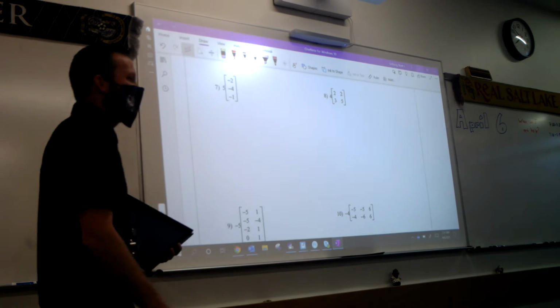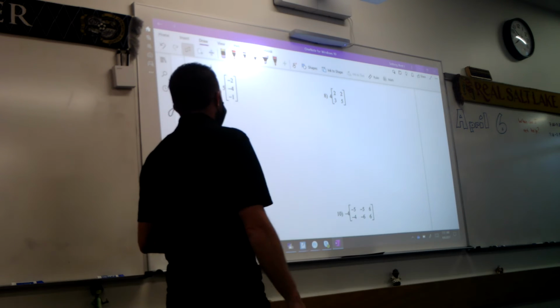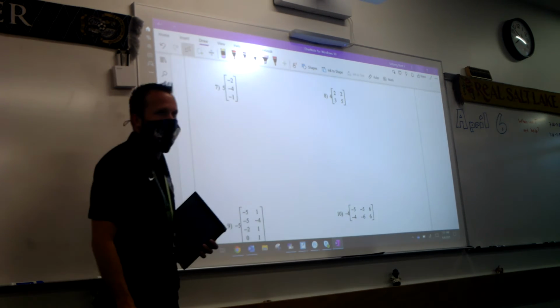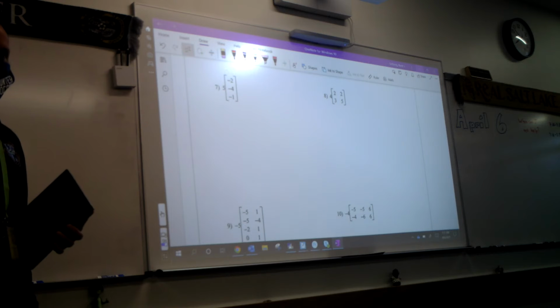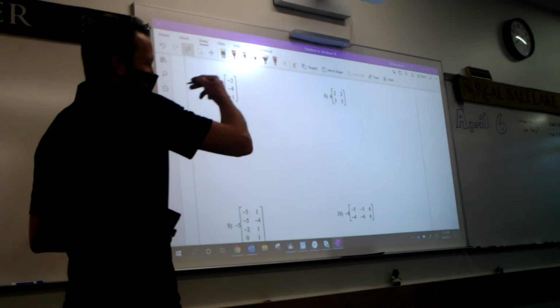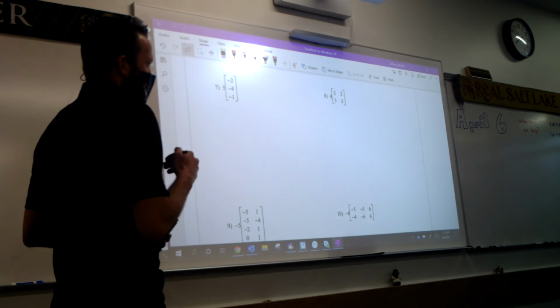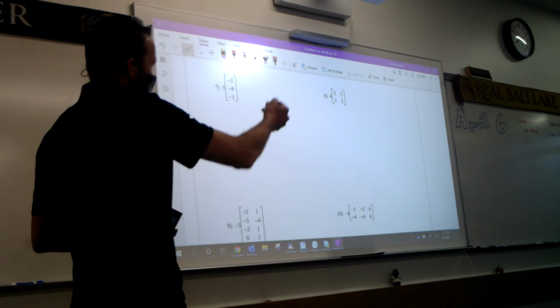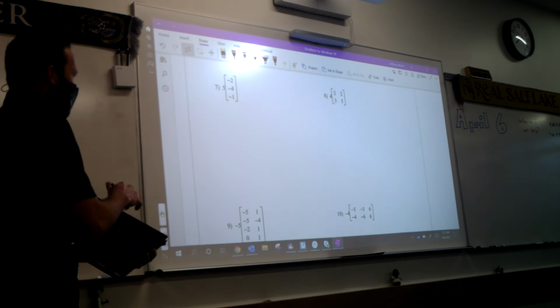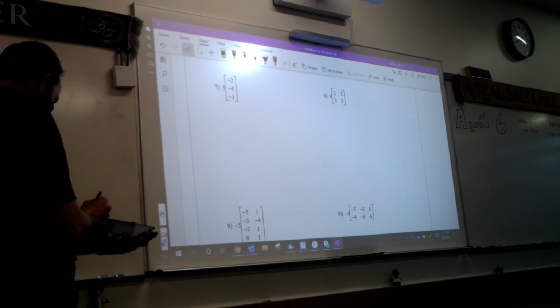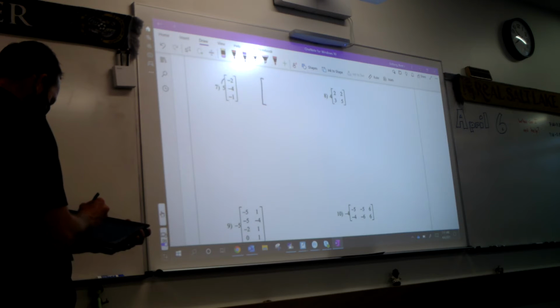So starting with 7. Do you see how on number 7 we have this 5 just hanging out? What is that 5 doing to the matrix? It's multiplying, right? So I need to distribute the 5. We're used to distributing like polynomials, and we'll show it kind of like the lines that we're multiplying to all of those. We're doing the same thing here, but I'm not really going to draw the lines, okay? So 5 multiplies to negative 2, and what does that give you?